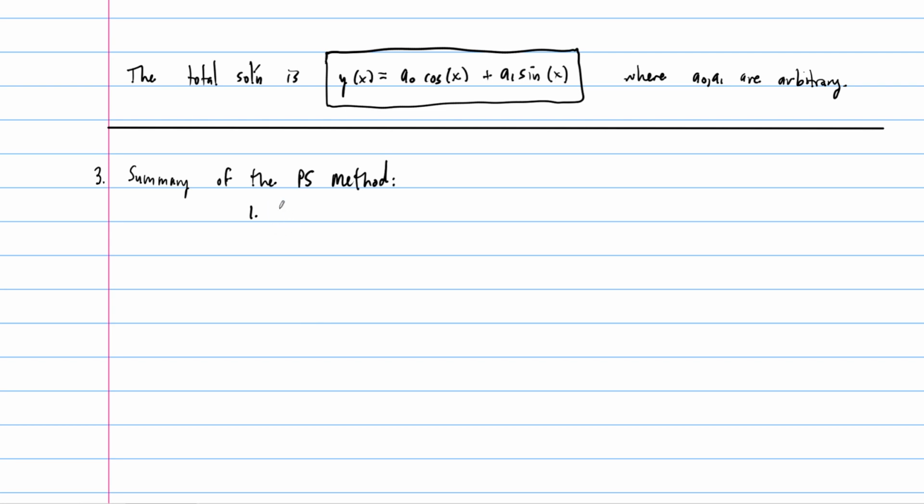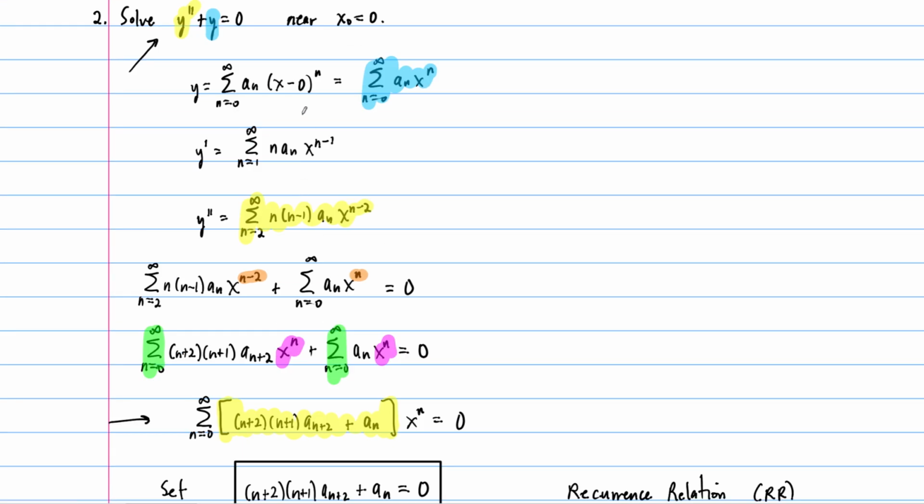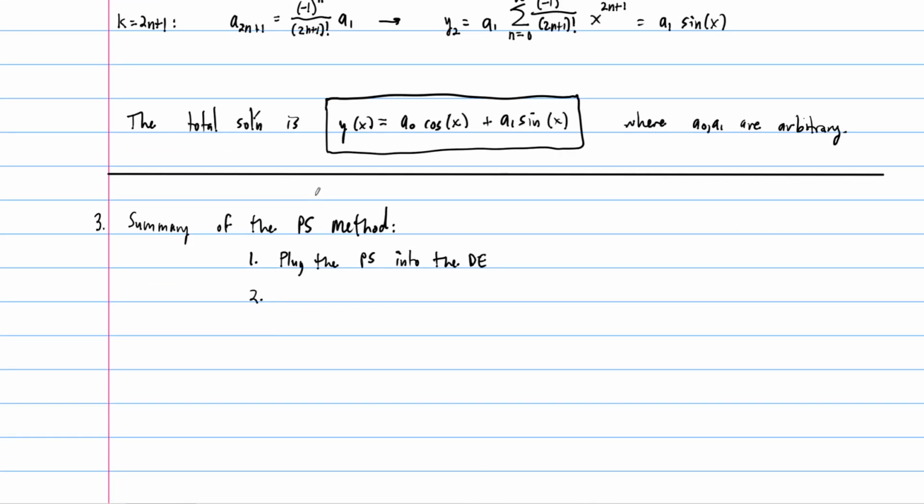Number 1 is to plug the power series into the differential equation. So this involves taking the derivatives, or remembering they're always going to be the same, because this is just a generic power series. These are always going to be the derivatives when you're centered at 0. It's going to be these same formulas. Plug them into the differential equation, okay?